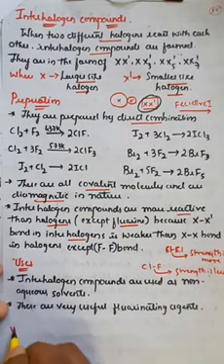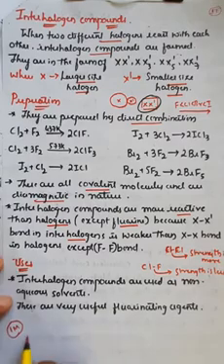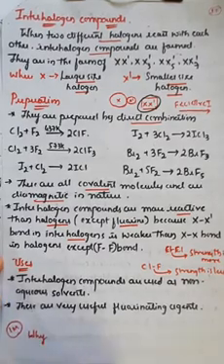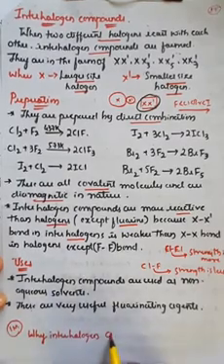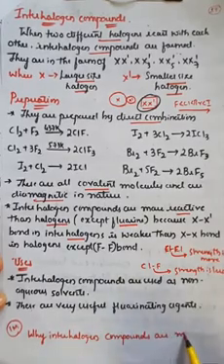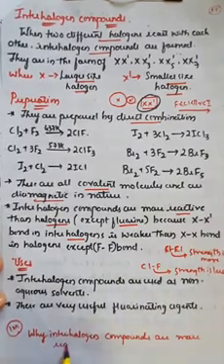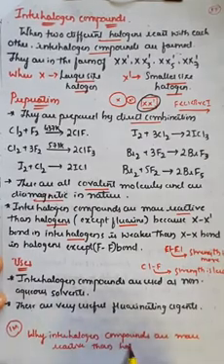So one more question they can ask, even in CET also, right? Why are interhalogen compounds more reactive than halogens? Even in the annual examination they can ask why interhalogen compounds are more reactive than halogens, right?